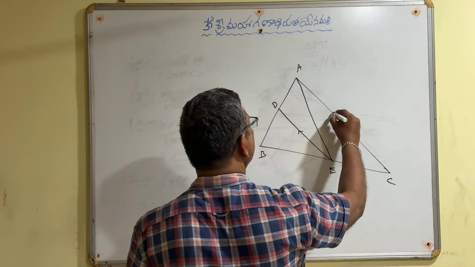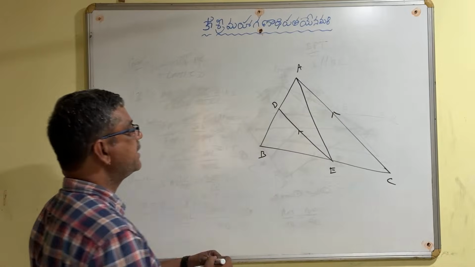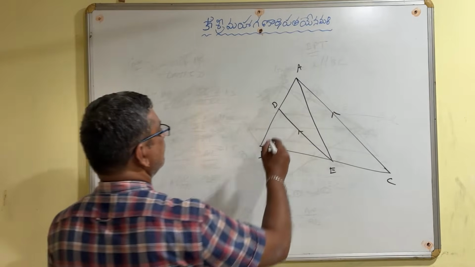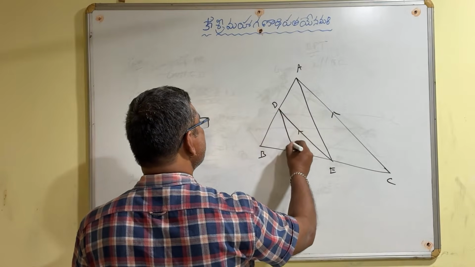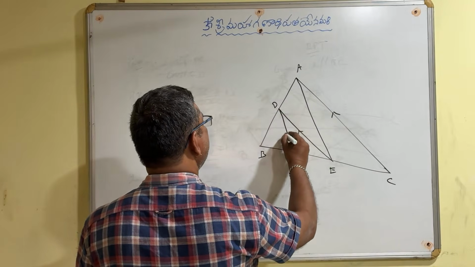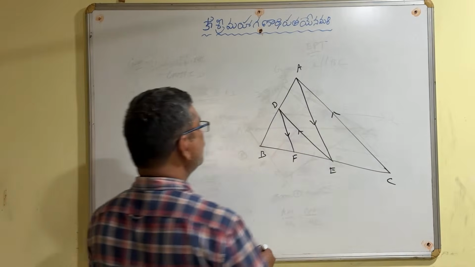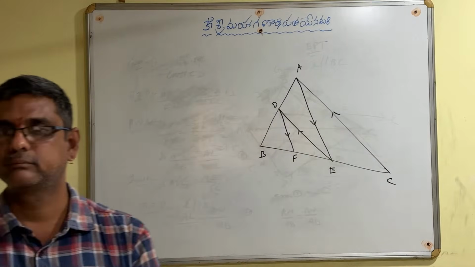DE parallel to AC, DF parallel to AE. Okay.